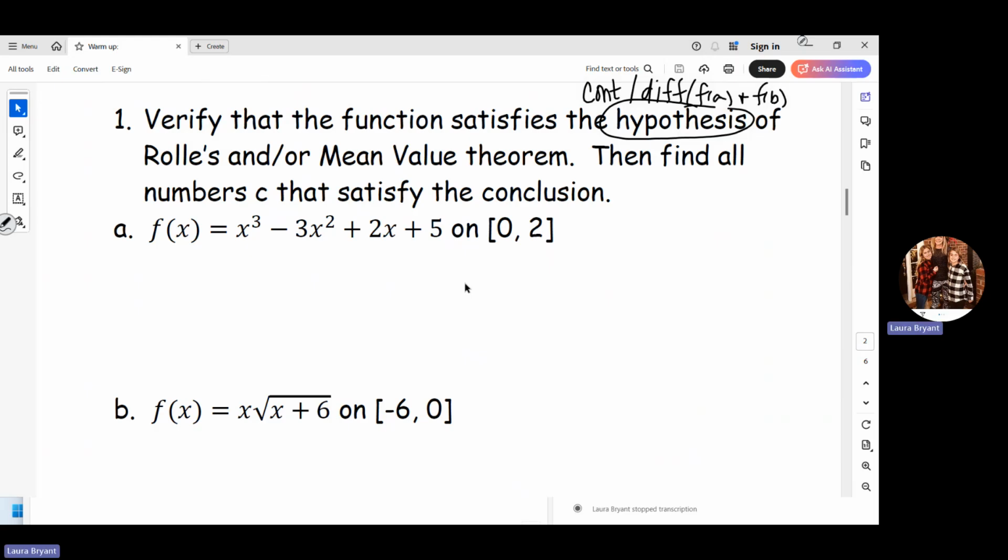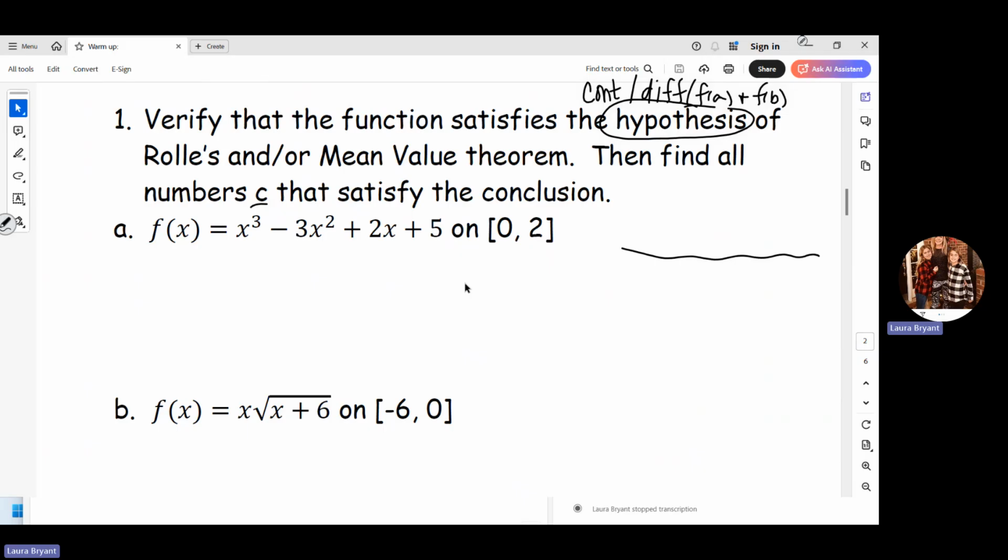I'm going to check all three of those things. If all three work, then I do the conclusion, which is to state that the derivative equals the slope. And last, we'll find all numbers C that satisfy the conclusion.